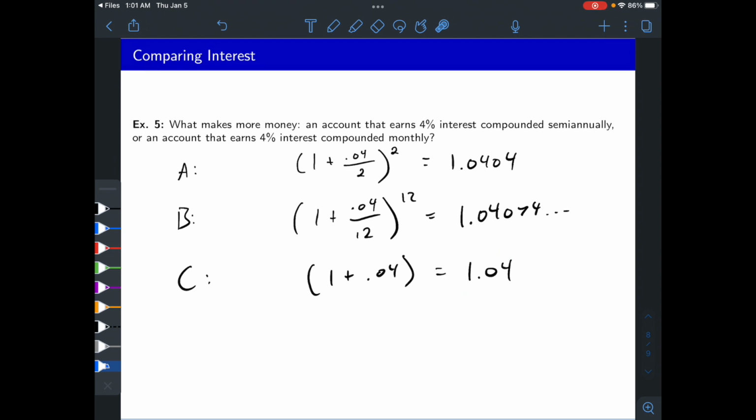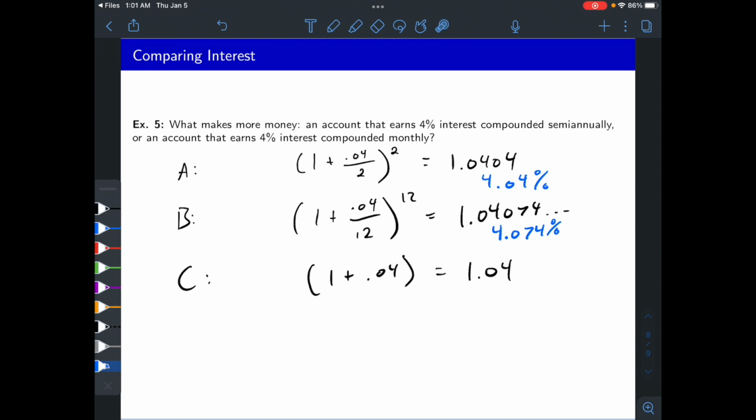To get how much actual interest you have, you just take whatever this number is and then subtract 1 from it. So you get just 0.04, which is 4% interest. For this first one, we're making 4.04% interest. And then for the second one, we're making 4.074% interest. Right.